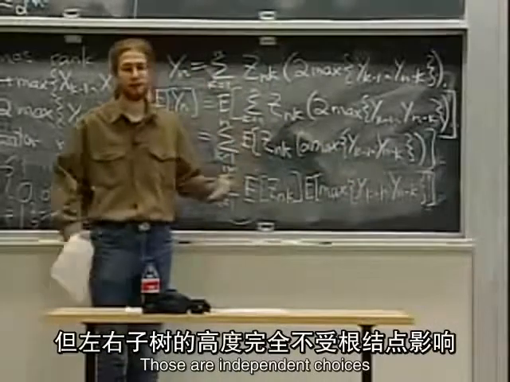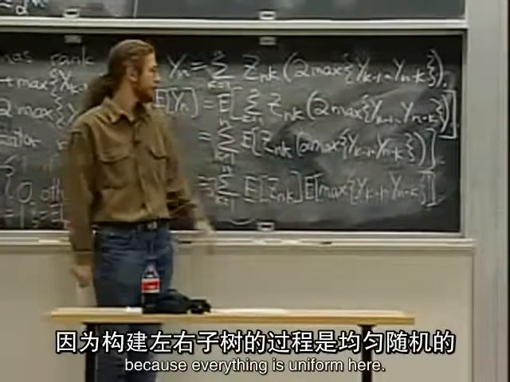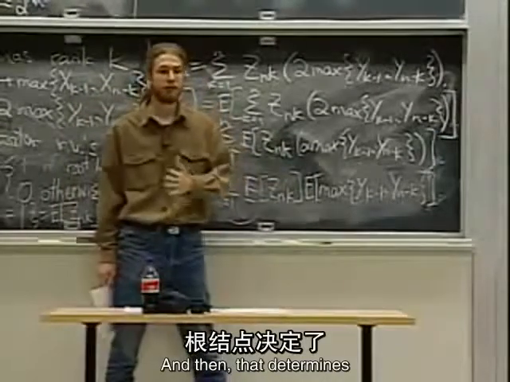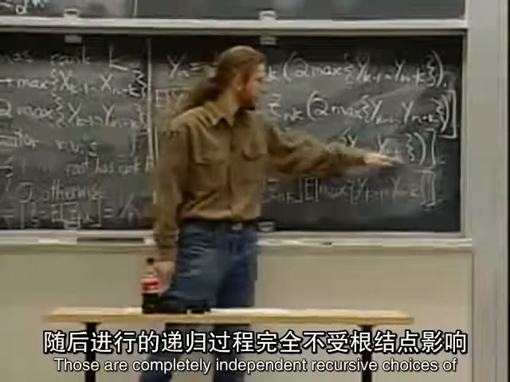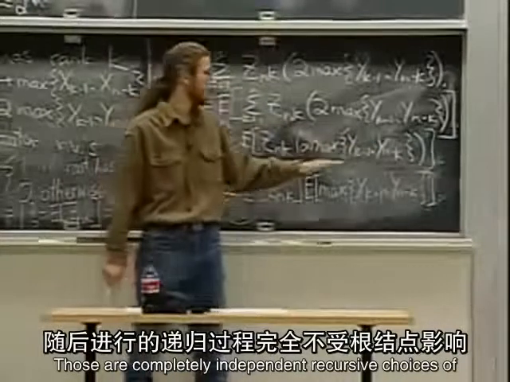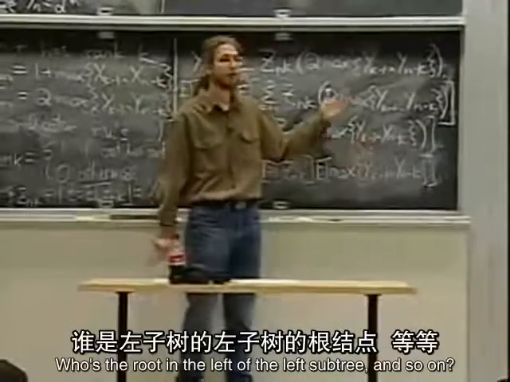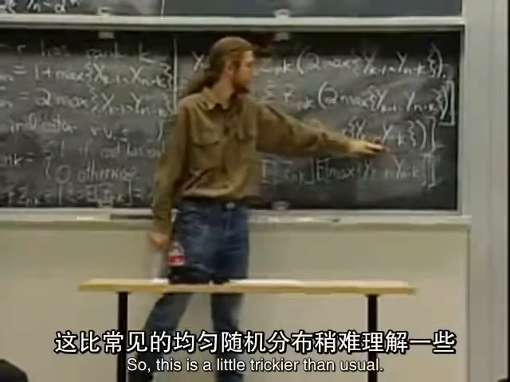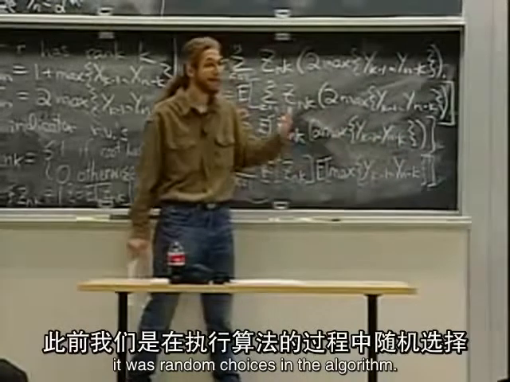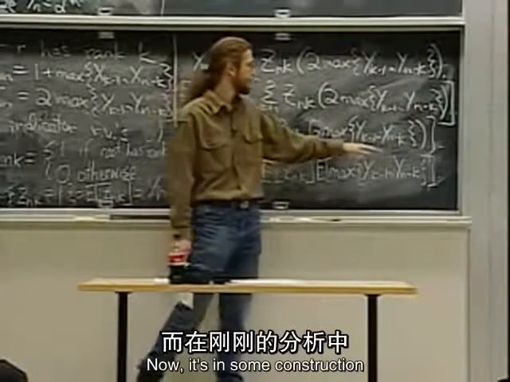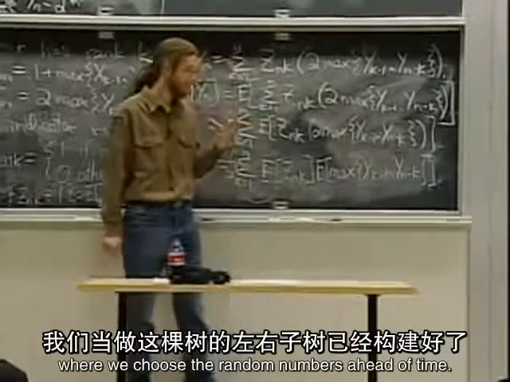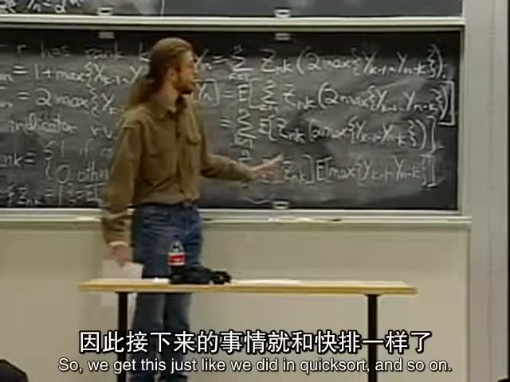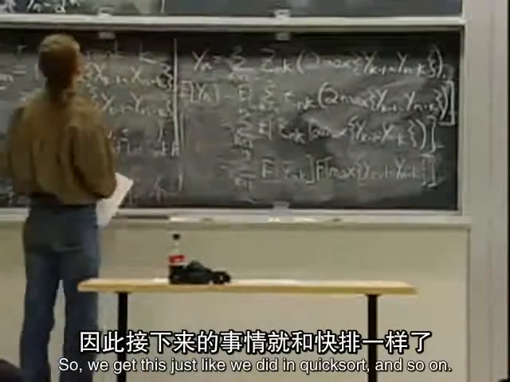Those are independent choices because everything is uniform. The choice of the root was uniform, and that determines who partitions into the left and the right. Those are completely independent recursive choices of who's the root in the left subtree, in the left of the left subtree, and so on. This is a little trickier than usual. Before it was random choices in the algorithm. Now it's in a construction where we choose the random numbers ahead of time. It's a bit funny, but this is still independent, so we get this just like we did in quicksort.